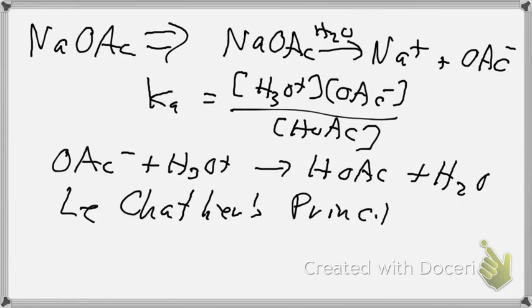Namely that an equilibrium will always shift to minimize the impact of a change to the system. So in this case, I had a big change in the system by adding a bunch of acetate. This system will respond by chewing up the acetate and turning it into acetic acid.